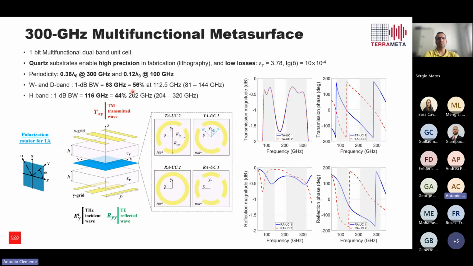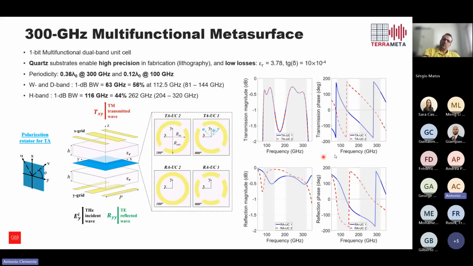So how does this kind of unit cell work? On the inner rotator, we can integrate different switches, for example, 4 in this case. By controlling the state of the 4 different switches, we can generate either a transmissive metasurface or a reflective metasurface that operates on both D band and 300 GHz band.